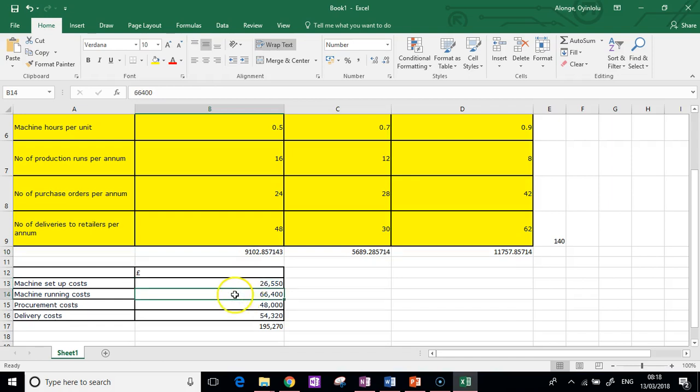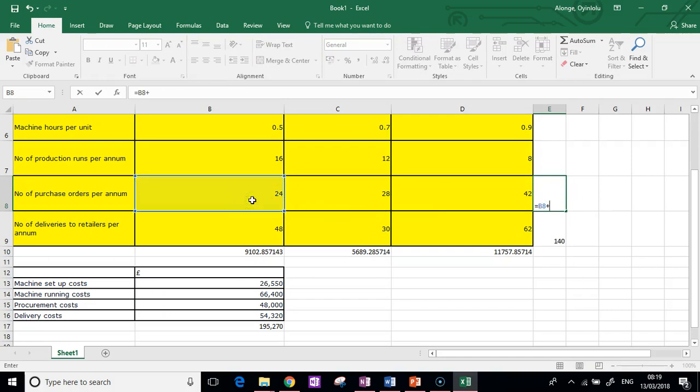66,400 machine running costs. Let me do procurement costs, because I can at least argue that my procurement costs are driven by what we call purchase orders. So procurement is just ordering costs, 48,000. What do I do? Well, I know what the total of all of them is in terms of all the orders, so I need to split that cost in the ratio of that. Exactly the same thing.